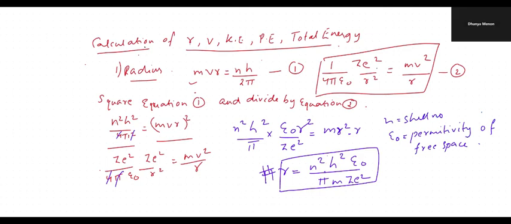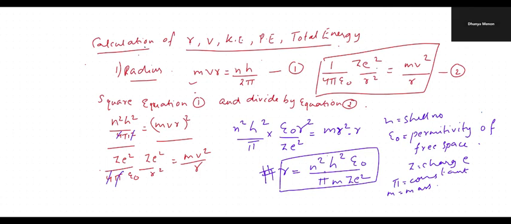Okay, Z is the charge, and pi is the constant, you know that. And m is the mass. Okay, they would mention the mass. Okay, and E is the charge of the electron. Okay, so this is a very important formula that you must remember.